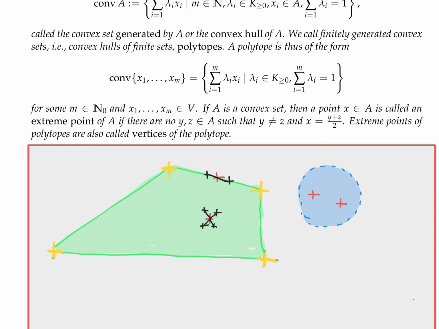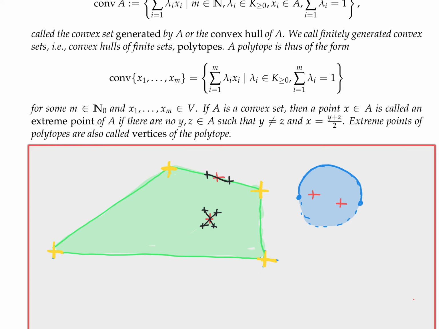What happens if we add the boundary? Let's add at least some part of the boundary, let's say this part. Looks like a headset. So I take this part of the boundary, and these two points should also be included, but these points should not be included.